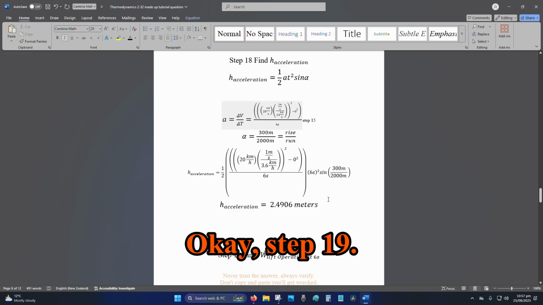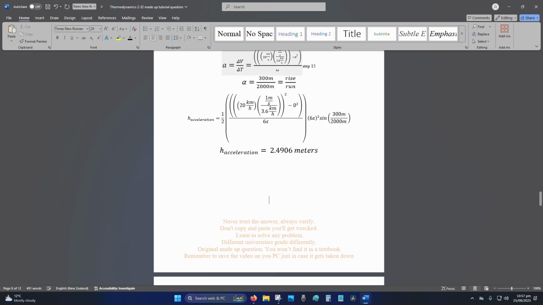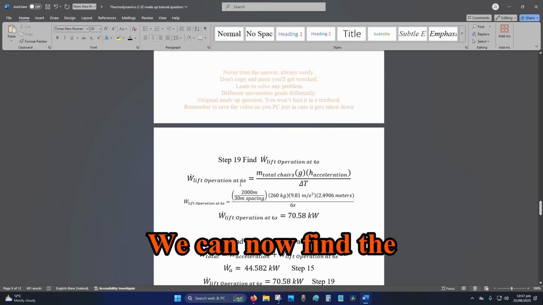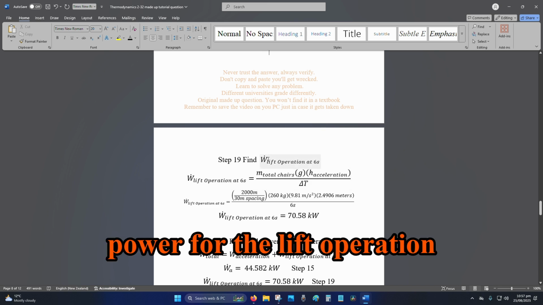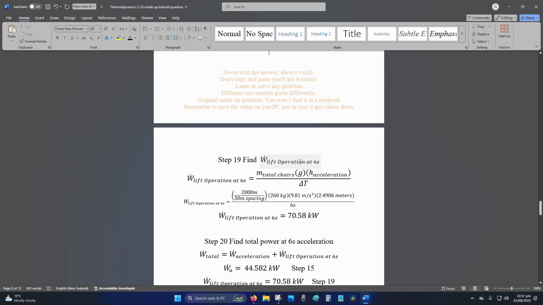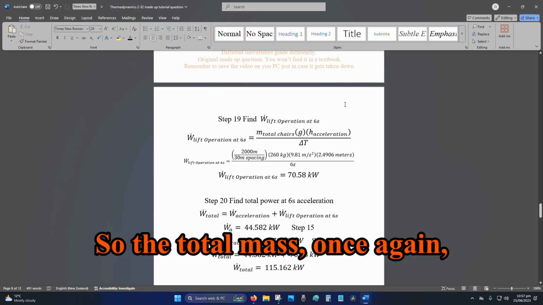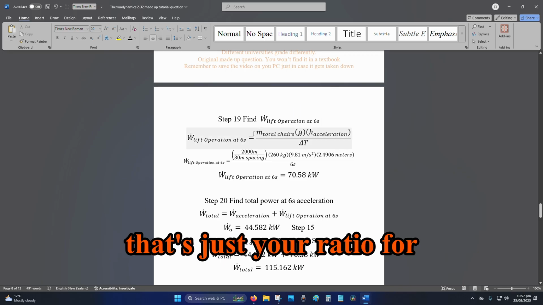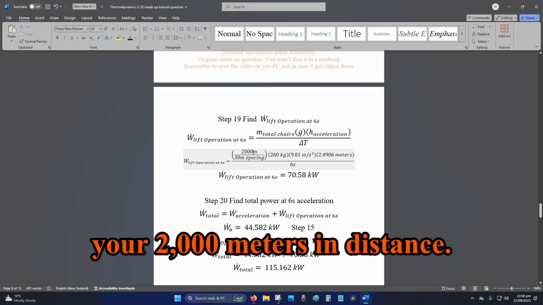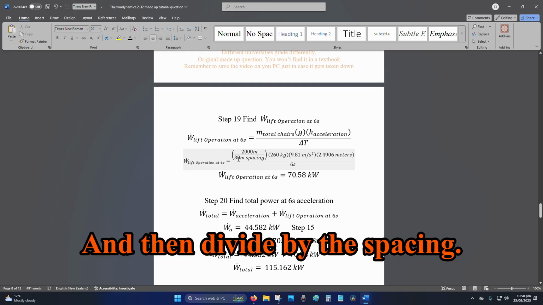Okay. Step 19. We can now find the power for the lift operation accelerated at 6 seconds. So the total mass, once again, it's just your ratio for your 2,000 meters in distance, and then divide by the spacing.